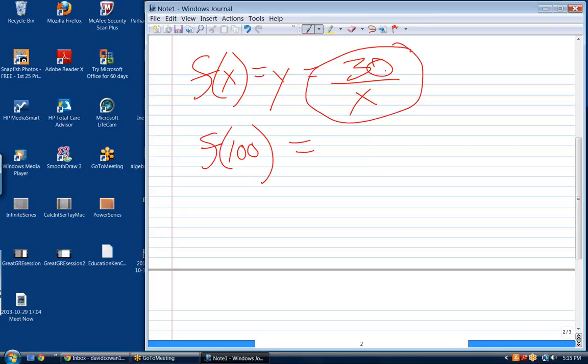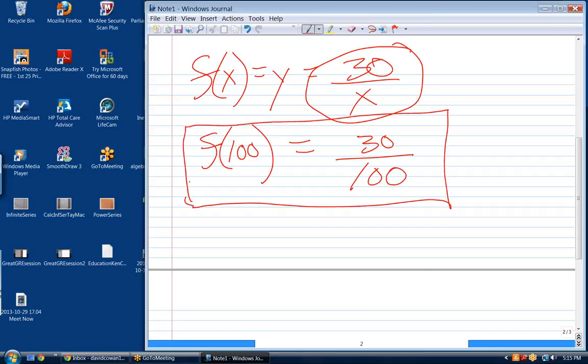And what you do is you plug in 100 for x, so it would be 30 over 100. So this terminology is pretty important to learn: when you put something in the parentheses of a function, you evaluate that function using it for your independent variable. X is the independent variable here. In other words, it's what might change. The y is going to change depending on what the x does.